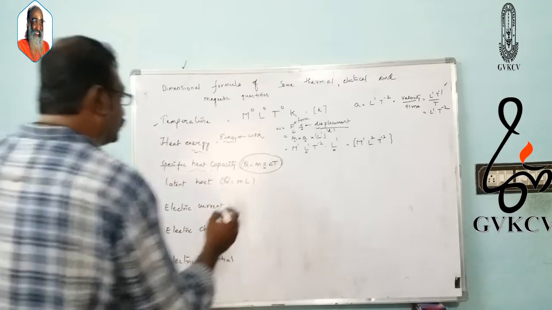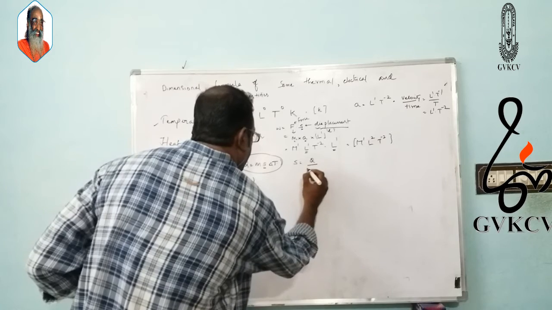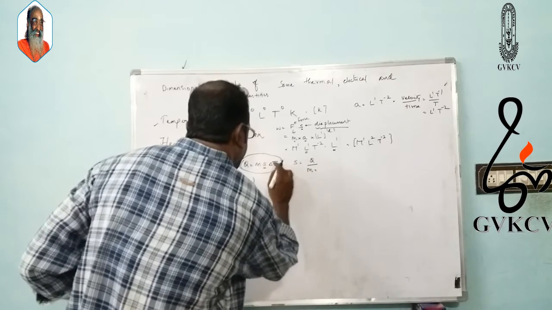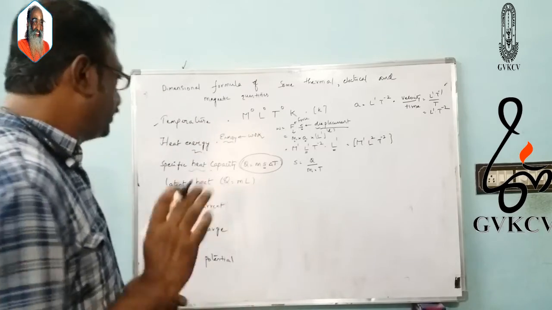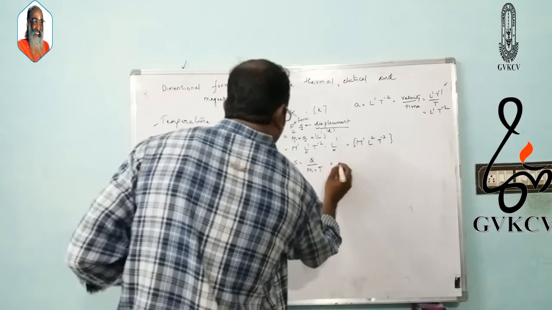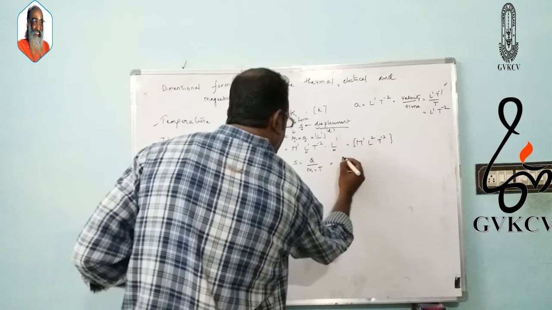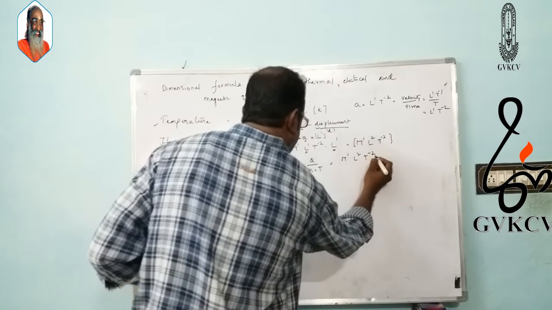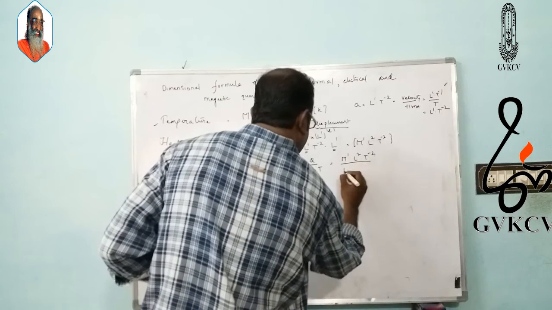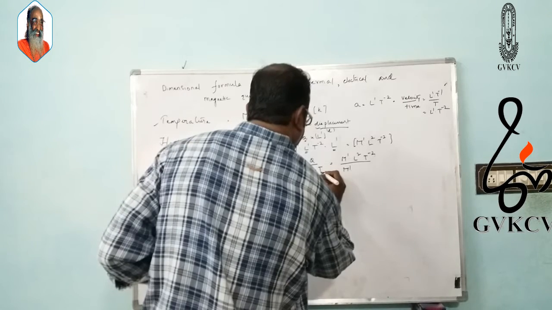Okay, right. Now I want this s. So s is equal to Q by m delta T. Delta T is nothing but the temperature itself, since the change in the temperature is temperature. Q is energy, so we got the energy here already: M1 L2 T power minus 2. And mass is M1, and here this is the temperature, not the time, temperature.